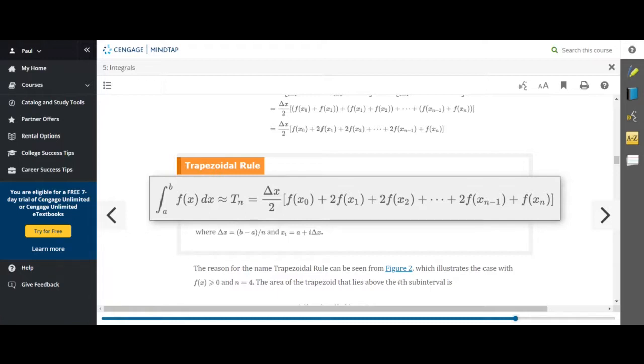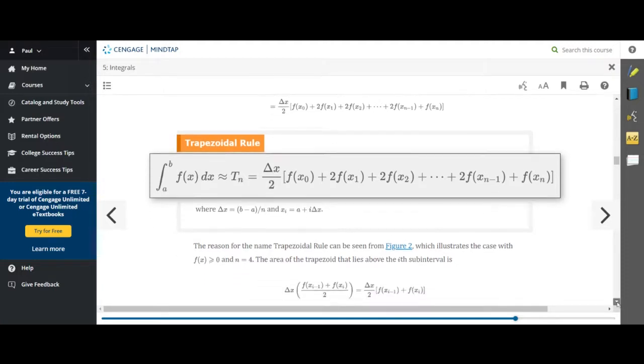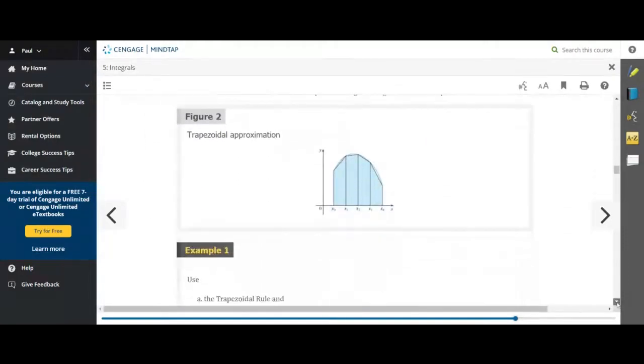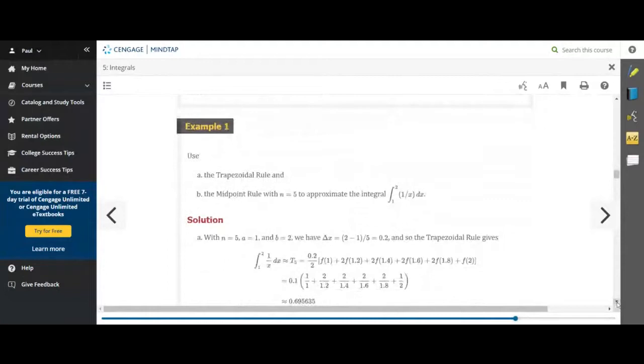Okay, so for instance, the left endpoint rule, right endpoint rule, midpoint rule, that's easy enough. But let's go ahead and look at an example here. This example, actually, we don't really need for the integral from 1 to 2 of 1 over x dx.